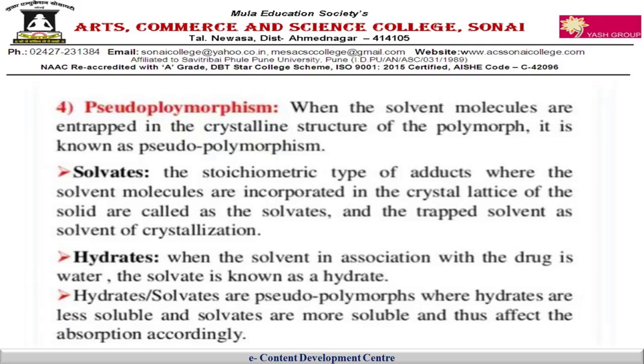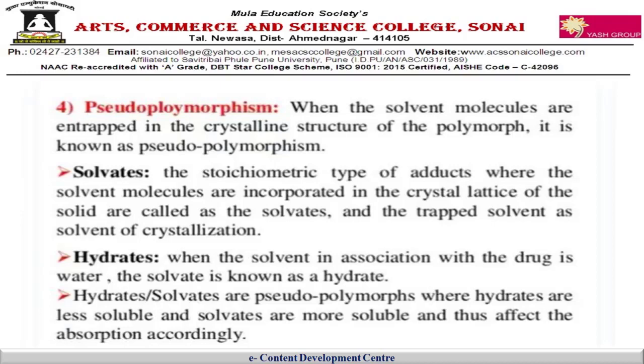Fourth factor, pseudo-polymorphism. When the solvent molecules are entrapped in the crystalline structure of the polymorph, it is known as pseudo-polymorphism. So first, solvates.